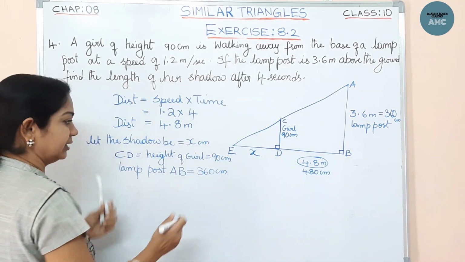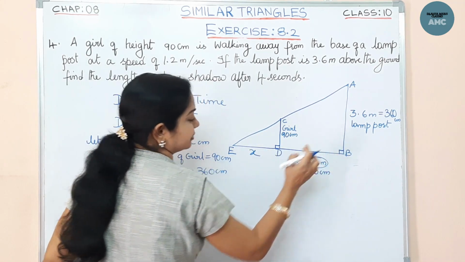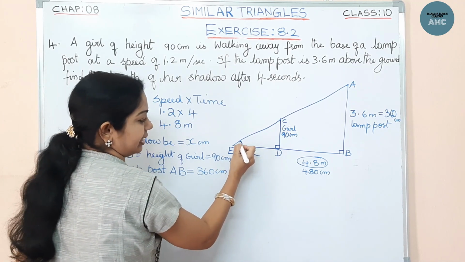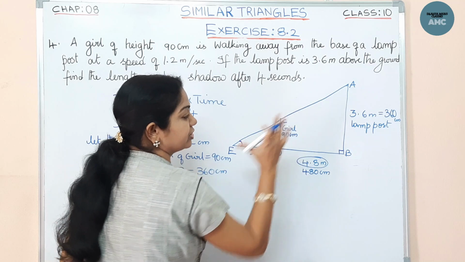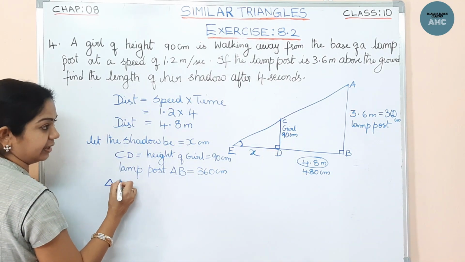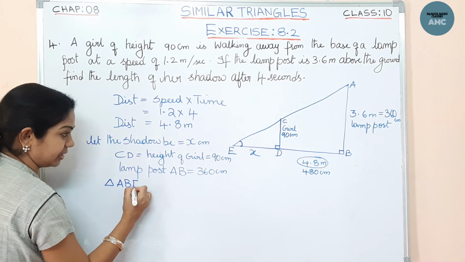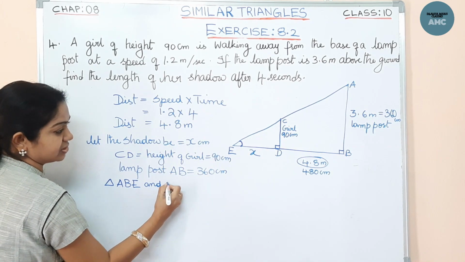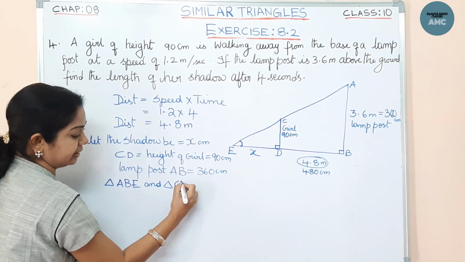So these two angles are equal. Another one, you see this angle E. Angle E is common for both the triangles. Now I'm comparing triangle ABE, the bigger triangle, and triangle CED.